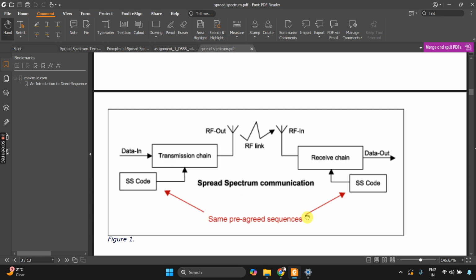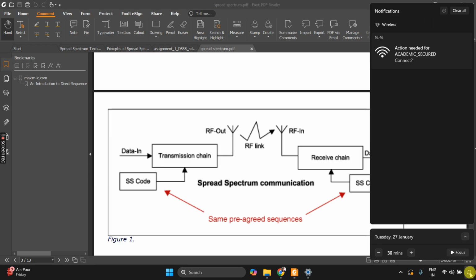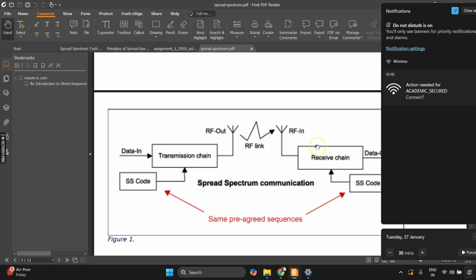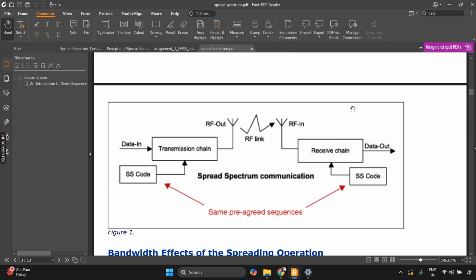The main concept here is that they both have to follow the same pre-agreed sequence, or else this won't work.